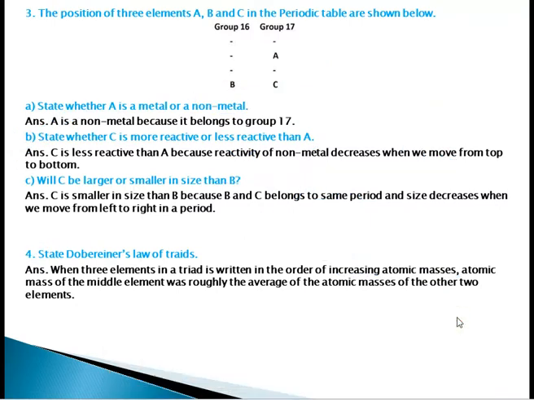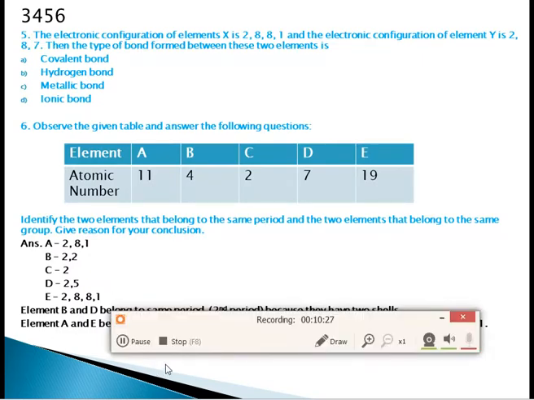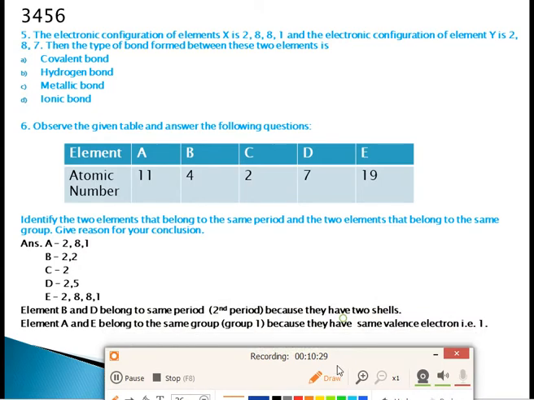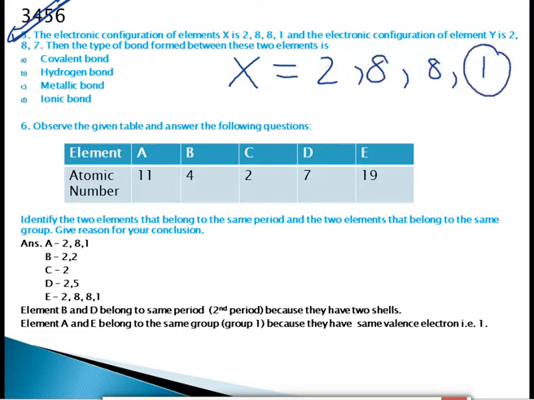Now let's come to question number 5. In question number 5, the electronic configuration of element X is 2, 8, 8, 1. One element is there whose electronic configuration is 2, 8, 8, 1, meaning one electron is present in the valence shell, and one more element Y is there whose electronic configuration is 2, 8, 7.